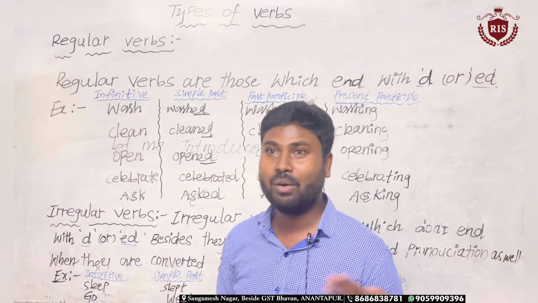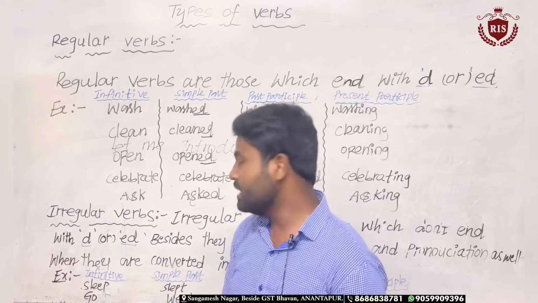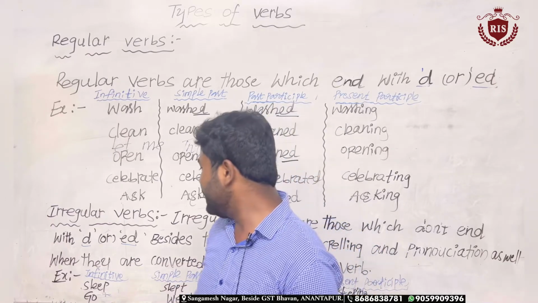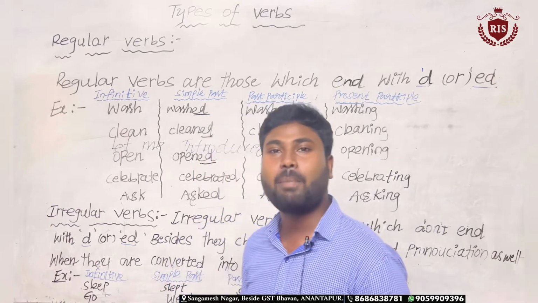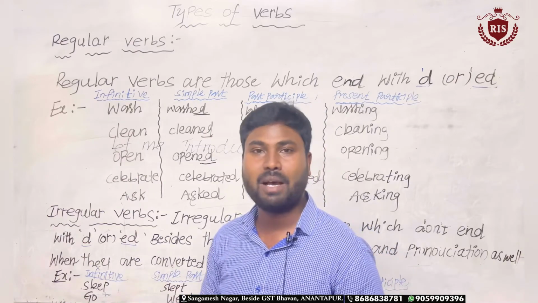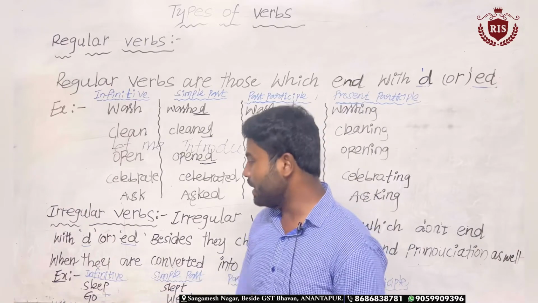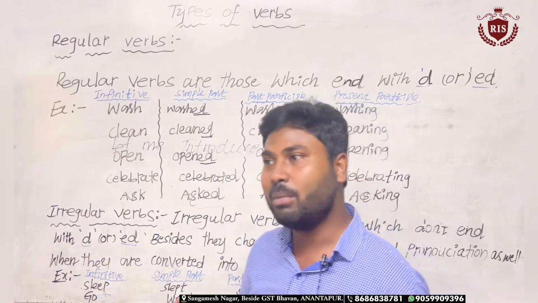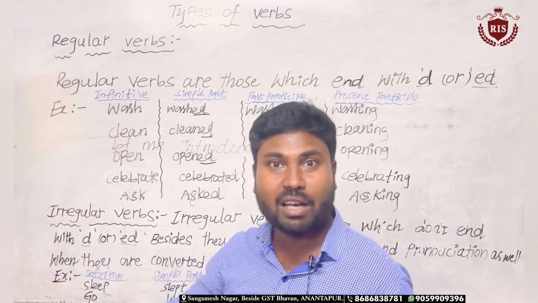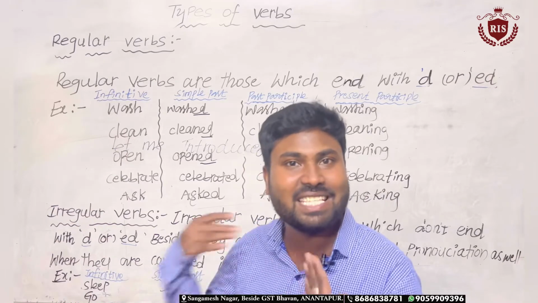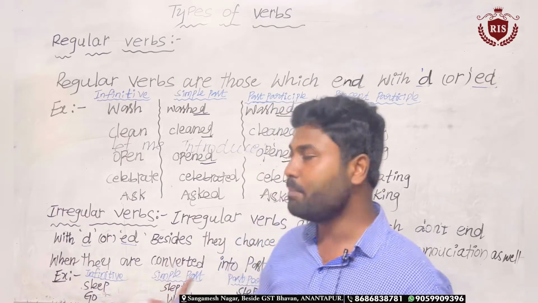So we feel like go is one verb and went is another verb. It is nothing. So went is the simple past form of go, right? See, go spelling is go, went spelling is went. When you convert go into the simple past, it changed its spelling as well as the pronunciation.